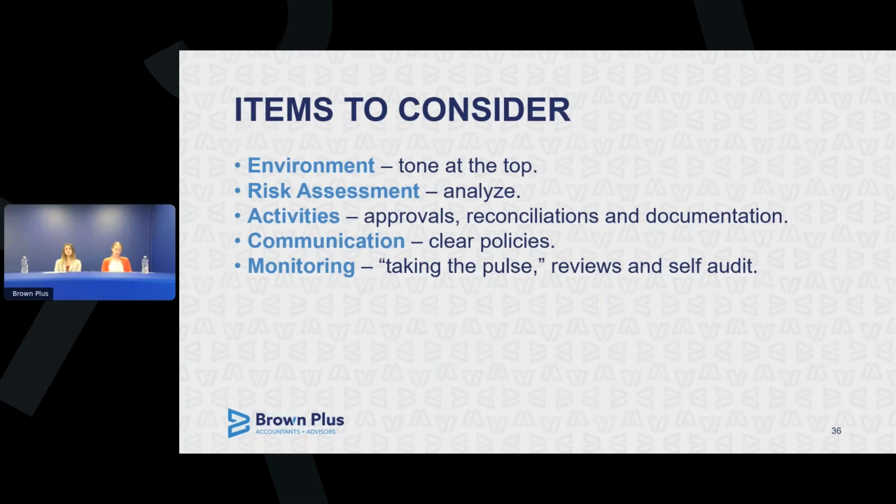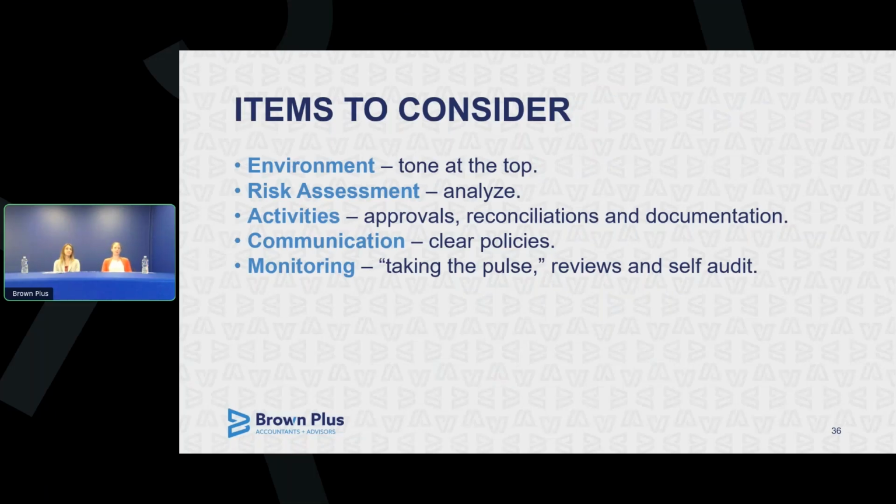Then there are the activities in your control. Look at approvals and reconciliations and documentation: who's doing that, and how is it being done? On the audit side, we stress with our staff in particular that if they're doing an audit procedure and say they looked at an invoice to vouch something, but they don't document that they did it, well, how do I know that they did it? Similar for controls: if you don't document it, you probably didn't do it.